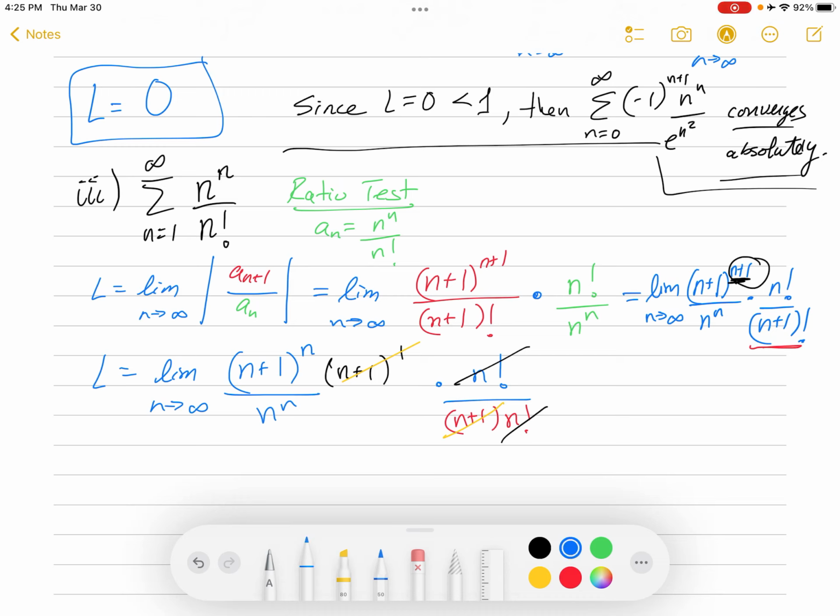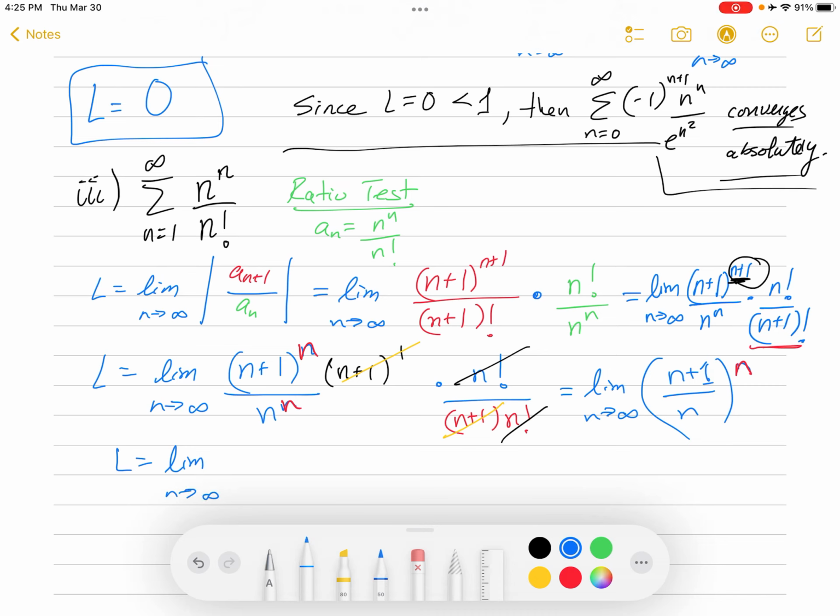So the n factorials cancel, and the n plus 1 on top and bottom cancel. So we get the limit as n goes to infinity of (n plus 1 over n) all to the n, right? Because they both have this common n power that we can pull out.